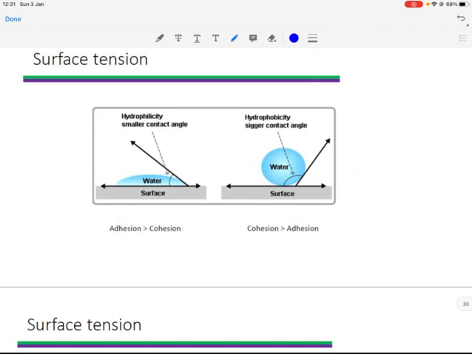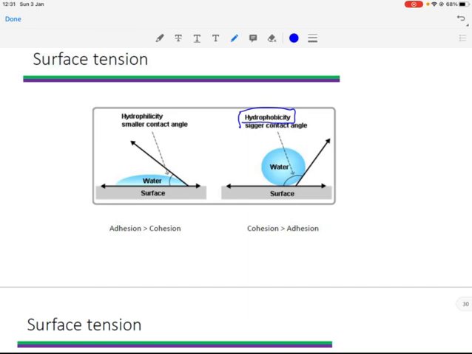And you might be familiar with this, which is called hydrophobic. Large hydrophobicity can make the drop of water more spherical, right? Because hydrophobic means that the molecules of the surface do not like to attract with the molecules of water.